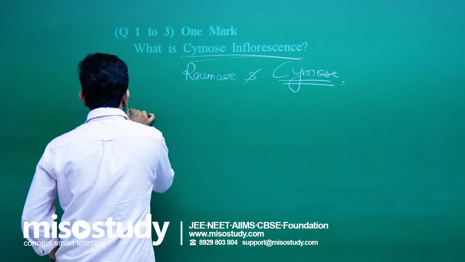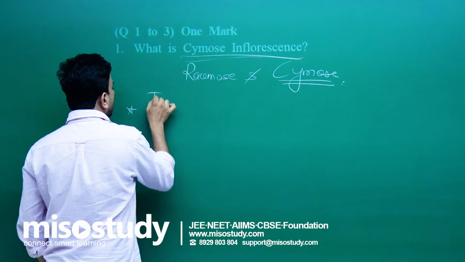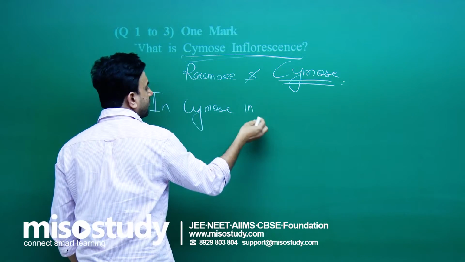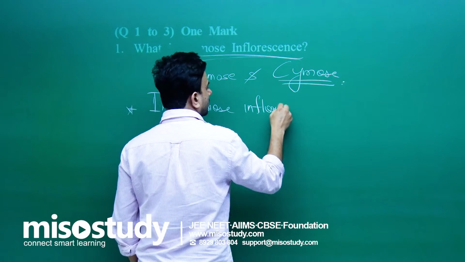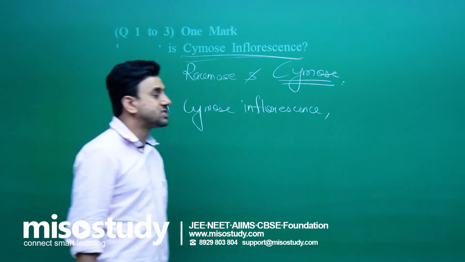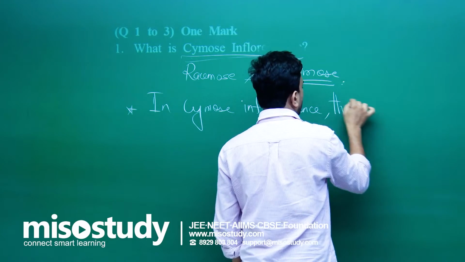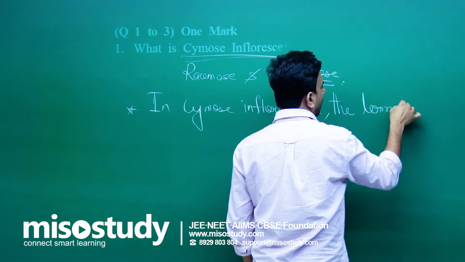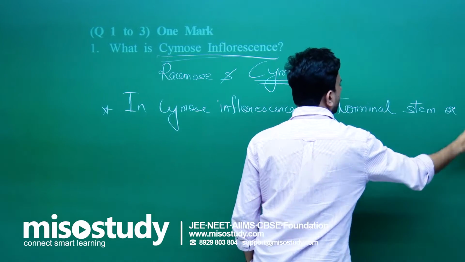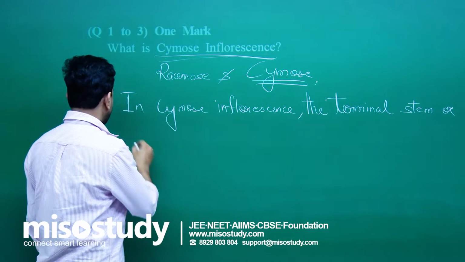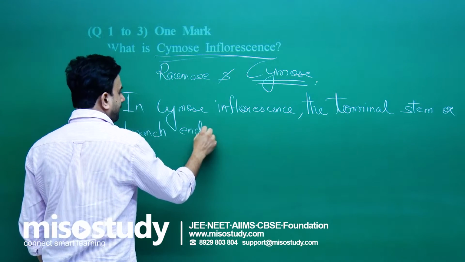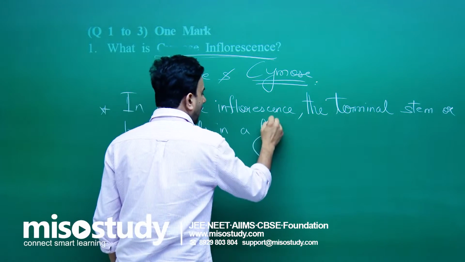So what we say here in cymose inflorescence, the terminal stem or branch ends in a flower.